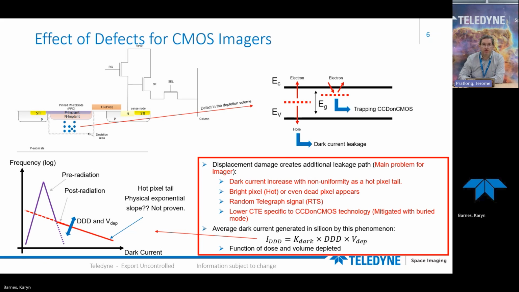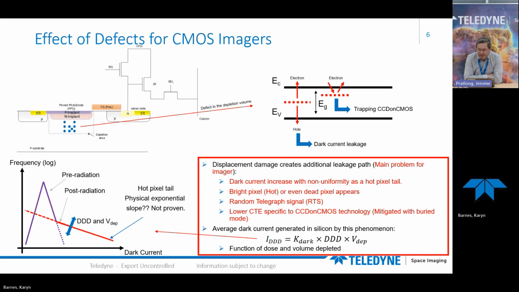Post-radiation, however, creates a tailing effect here. That is, by experience, meant to be an exponential slope. However, this is not really proven yet. But what is interesting is that it is a direct function of the displacement damage dose and the volume of the depletion. And those are very key parameters.